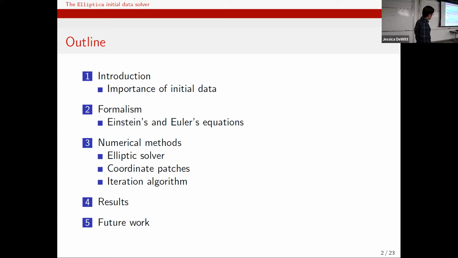Then I'm going to talk about the numerical method that we are using to construct initial data, and algorithms for getting to a converged solution. And finally, I'll show some results and tests of this code and the future plan that we have.